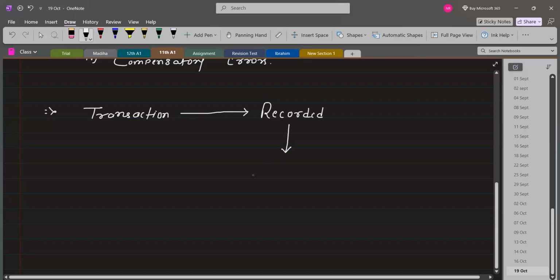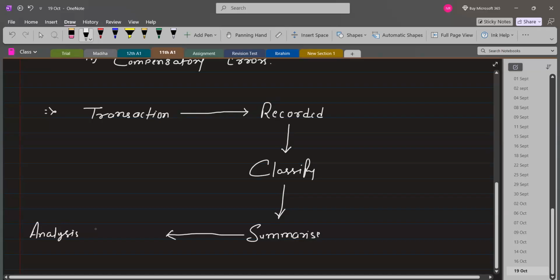Then it is classified, summarized, after that analysis and interpretation, and after that there is communication.